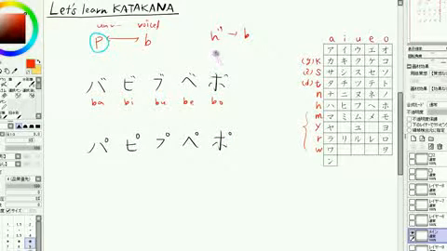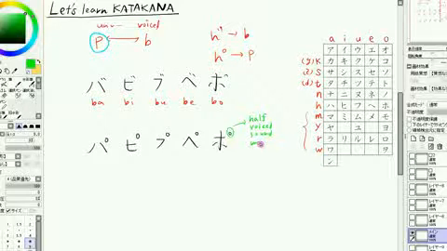What I'm doing is putting a circle above the H row, and that becomes the P sound. Very strange, I know. This marker is called, for some reason, the half voiced sound marker, or semi-voiced sound marker. P is a completely unvoiced sound, so no way it's half or semi, but that's what we call it.